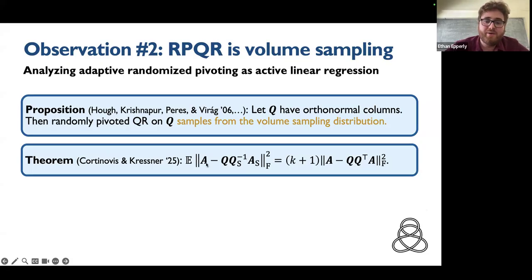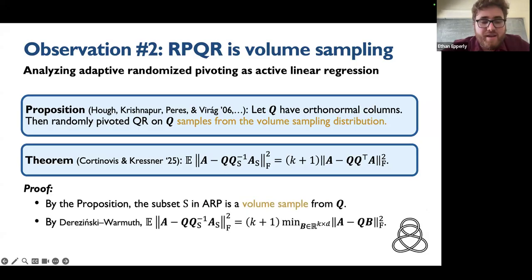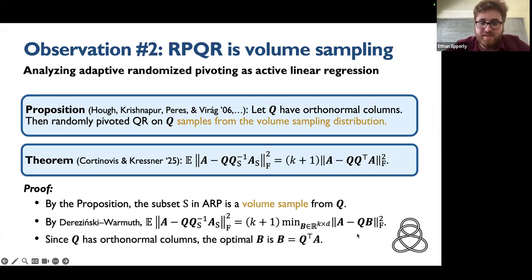So if I just set Y equal to A and X equal to Q, then applying this multi-response Dereziński-Warmuth active linear regression theorem, I compute that the expected value of A minus Q Q_S inverse A_S is just equal to K plus 1 times the minimum value of this least squares fitting objective.